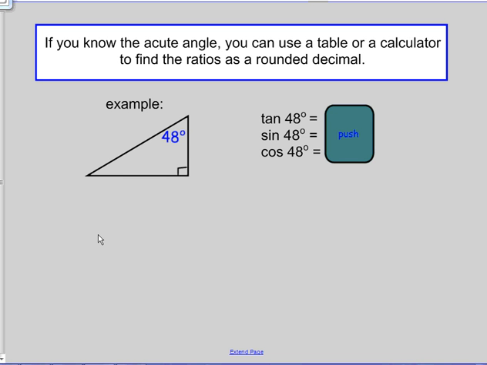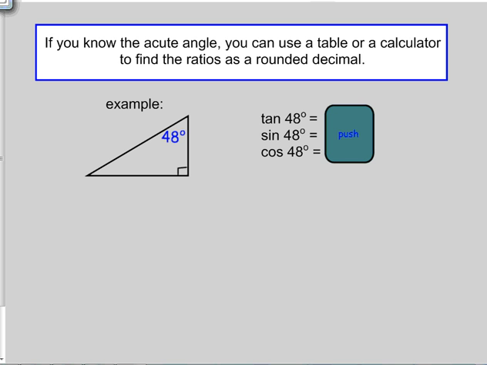If you look at your calculator, you could press tan and then 48 degrees. That'll pop out a decimal, and that's actually the ratio in decimal form. You can push sine and then type in 48, and it'll pop out another decimal, and cosine, it'll pop out another one.